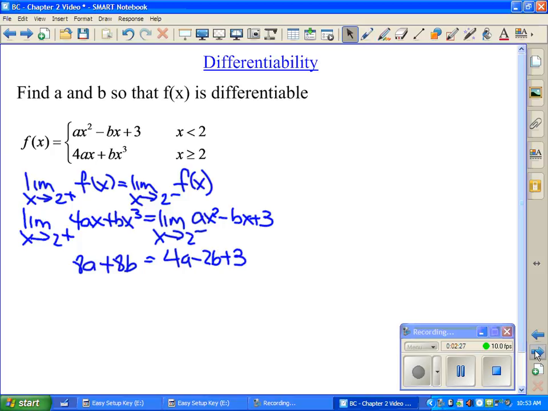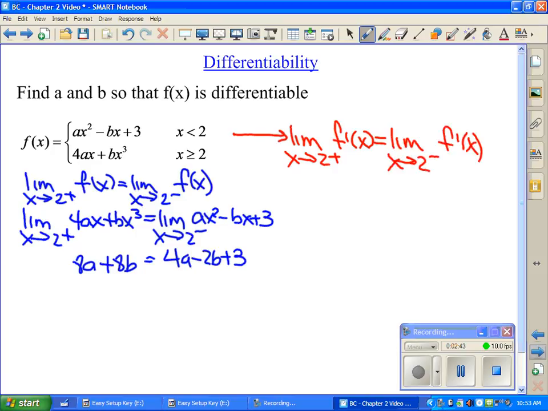But this one we actually want to do differentiability, so I also have to make sure that the derivatives are continuous, which means I want my limit as x approaches 2 from the right of f prime of x to equal my limit as x approaches 2 from the left of f prime of x. If x approaches 2 from the right, we're going to use, again, the lower function, so that derivative is 4a plus 3b x squared.